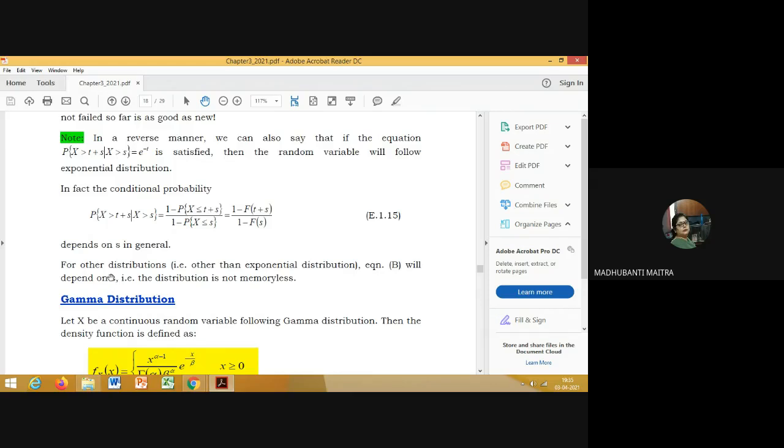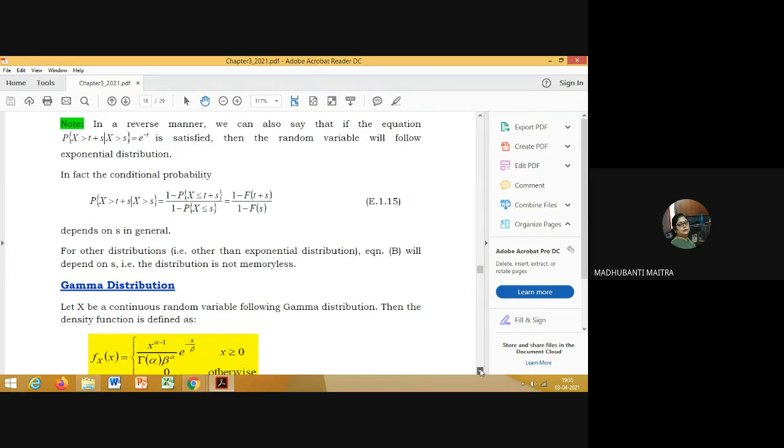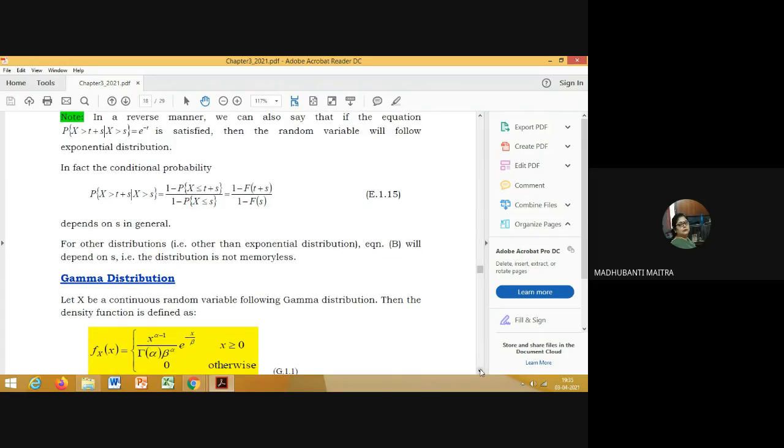It will not be independent of s. That is, the distribution is not memoryless. Do you have any question regarding exponential distribution?